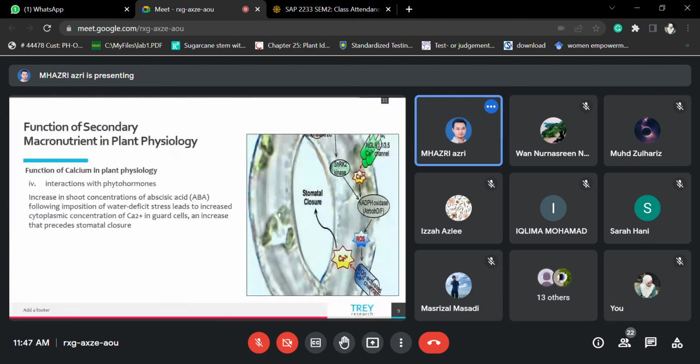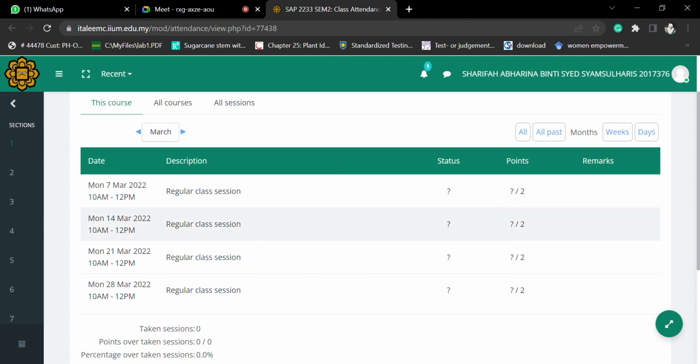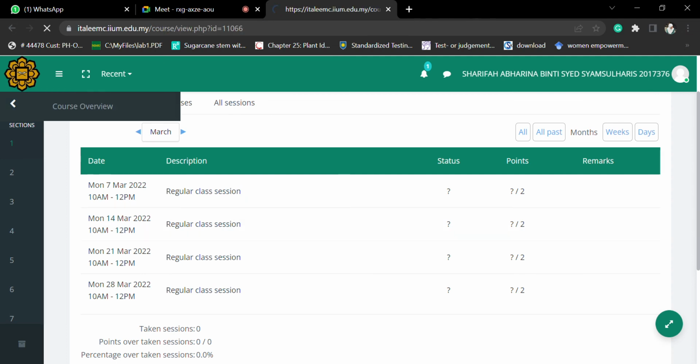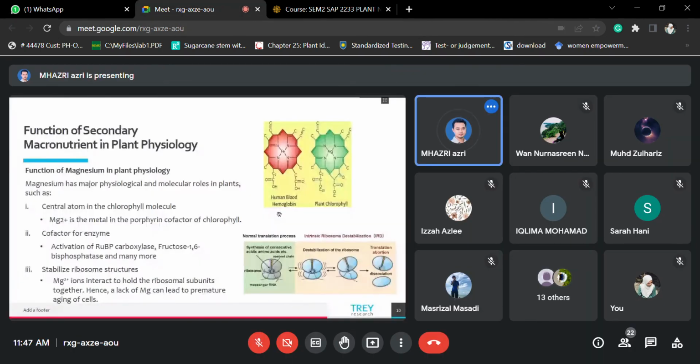Okay, faham tak? Okay tak? Ingat ya, stomata opening or stomata regulation by potassium biasanya dalam keadaan normal, calcium dia dalam keadaan stress. Okay, that's for calcium.